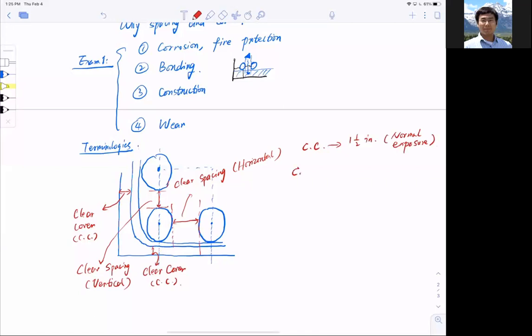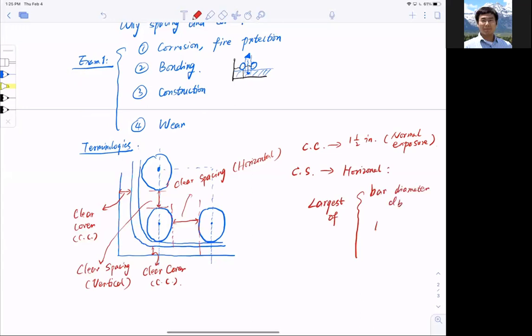Now the other, the clear spacing. There are 2 separate requirements. For the horizontal spacing, the requirement is that it has to be the largest of the 3. What are the 3? First, bar diameter, we call it d_b, of course.